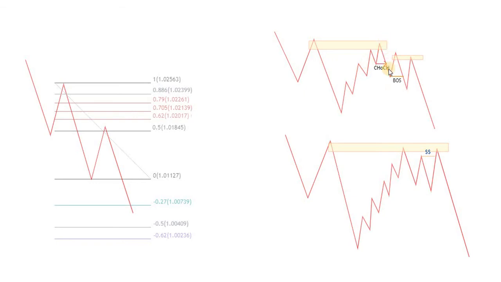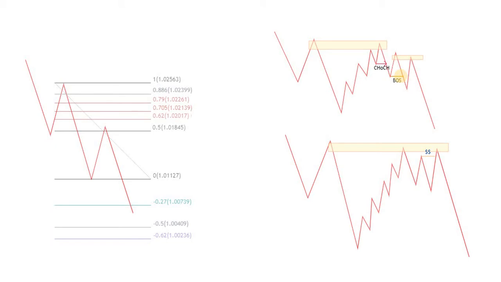Then also we are going to talk about entry technique. In this case, we are talking about the confirmation entry, where we have the change of character plus the break of structure.